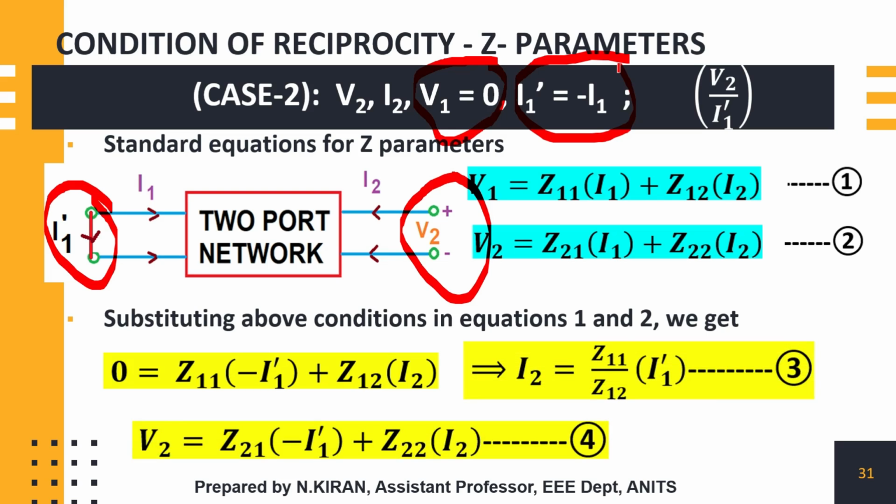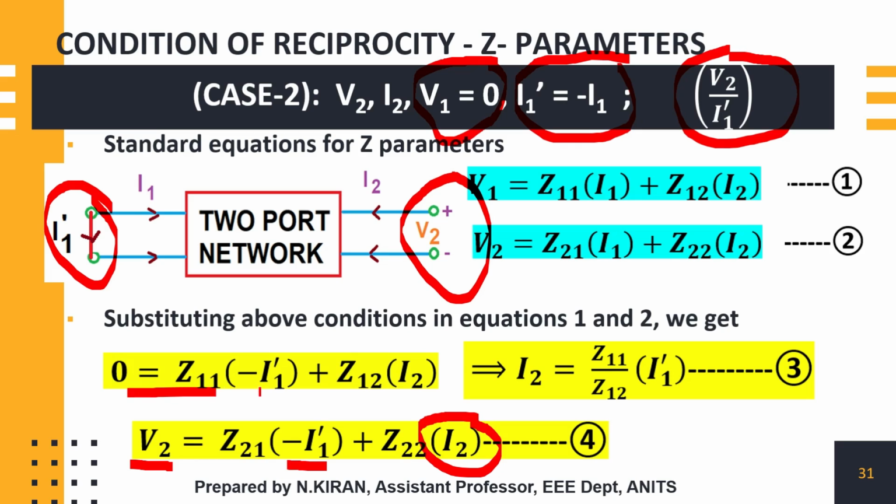And the second equation becomes V2 is equal to Z21 times minus I1 dash plus Z22 I2. Since my objective is to find the ratio of V2 by I1 dash, see, from the fourth equation, I have the terms V2 as well as I1 dash. I just need to eliminate I2 from this equation, and that can be done by using the above expression.